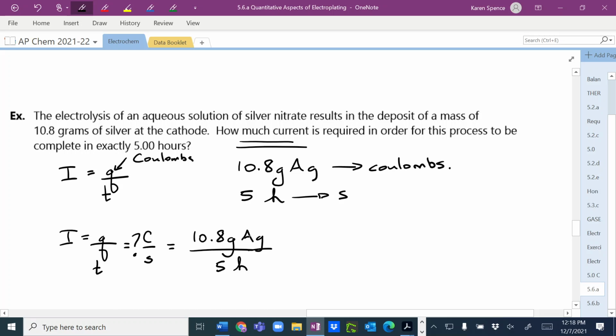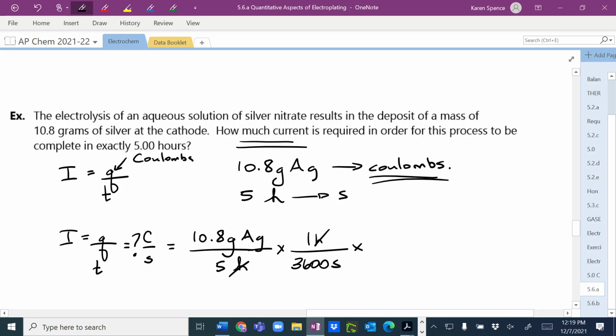Yes, because we're going to take our grams and convert it to coulombs. We're going to take our hours and convert it to seconds. Do you guys know how to convert from hours to seconds in one step? 3,600. Okay, so we have 1 hour. I made that way too big. Per 3,600 seconds.